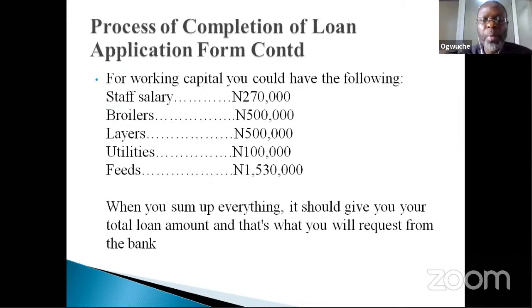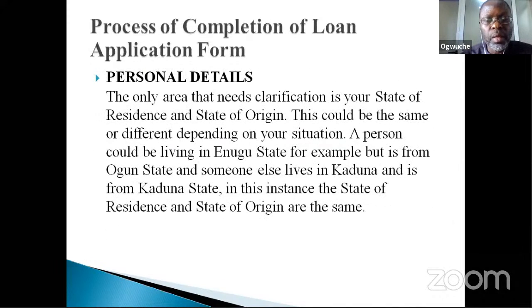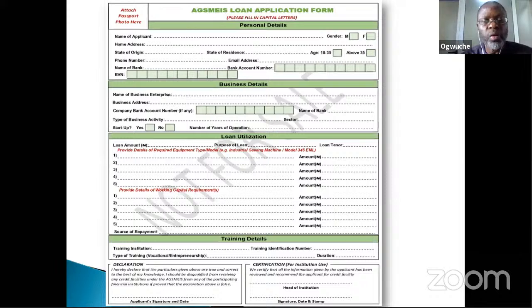So when you sum up everything, it should give you the total loan amount, and that's what you'll be required to request from the bank. All right, so let's go back to our forms again. So that's how you complete that required equipment section.